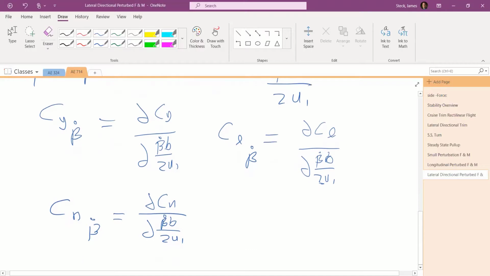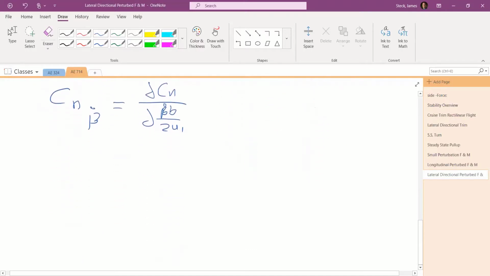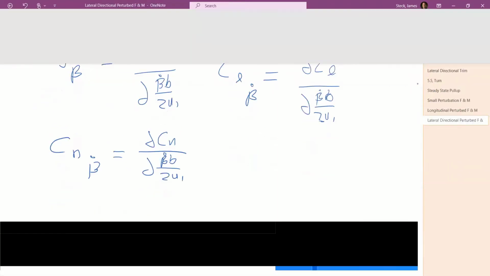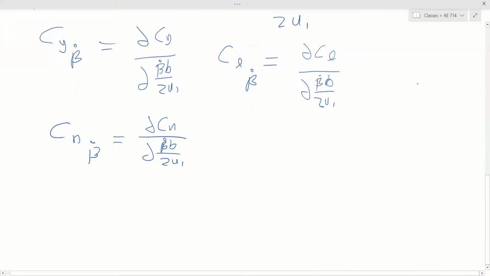This needs a little bit more explanation, just like the alpha dot. Anybody still writing? Did I go too fast scrolling up? Let me give us a little more space here. Scroll which way?